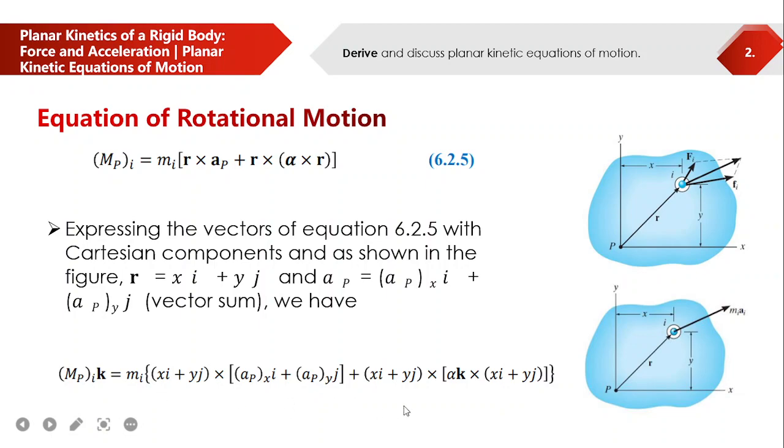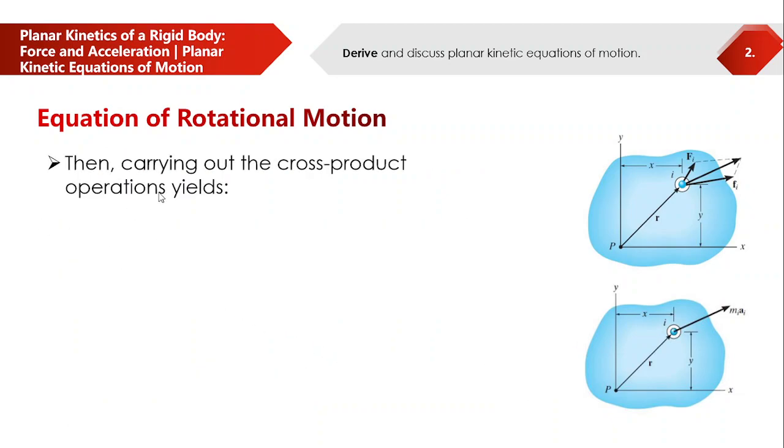Also the same with the moment, to balance the formula or the equation, you can have your alpha k times your r, which will be x i plus y j. Carrying out the cross product operation yields this one.